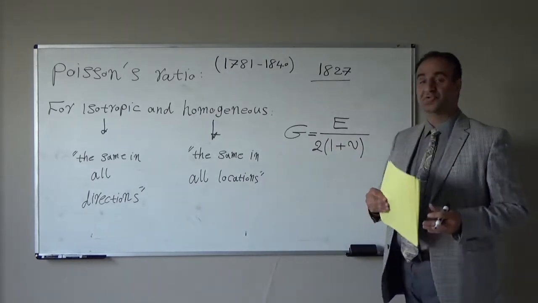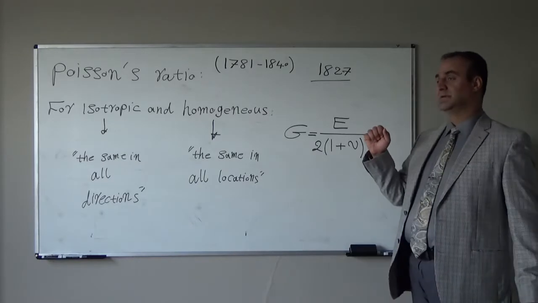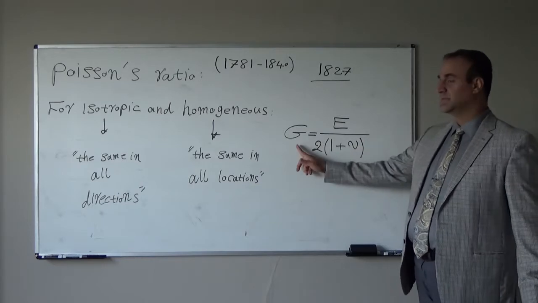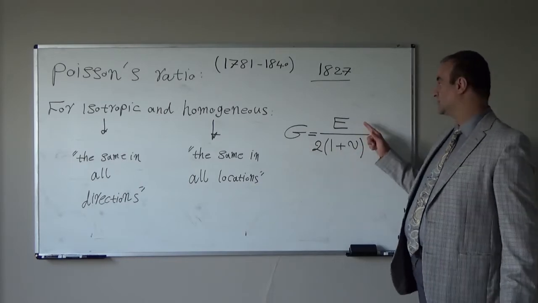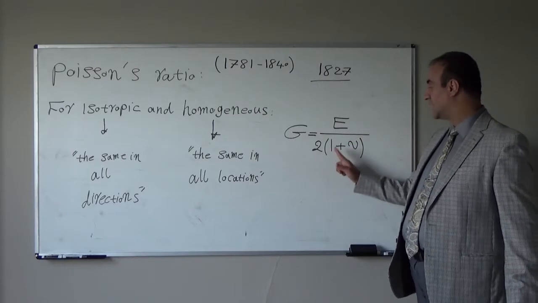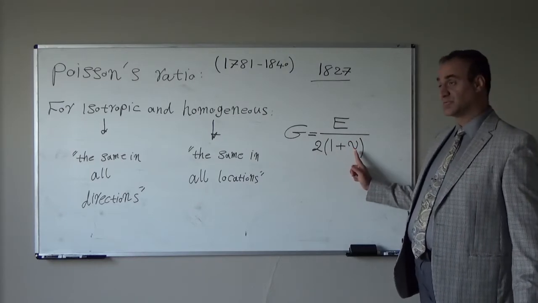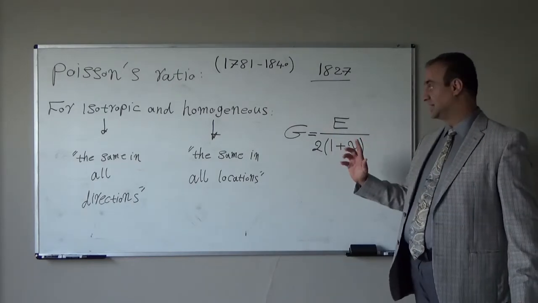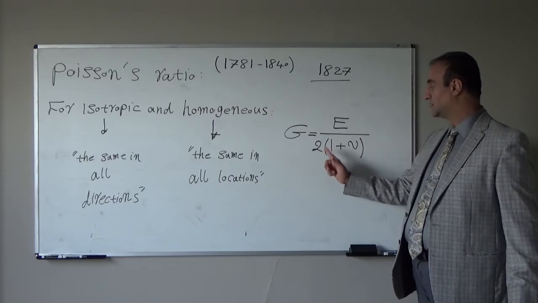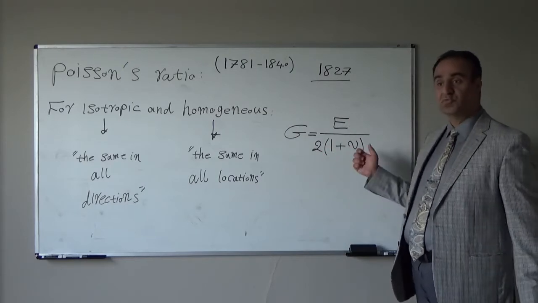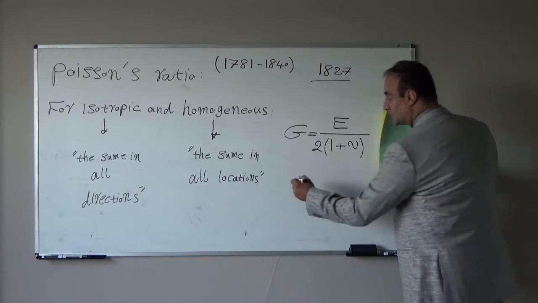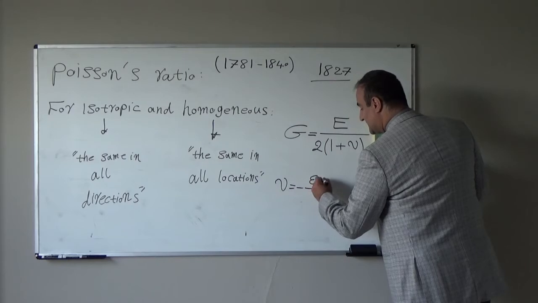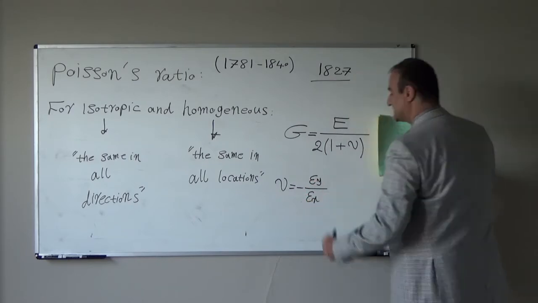This is very important and you should know it as an engineer: G equals E divided by 2 times (1 plus nu). Nu here is the Poisson ratio, and the Poisson ratio is negative lateral strain divided by axial strain.